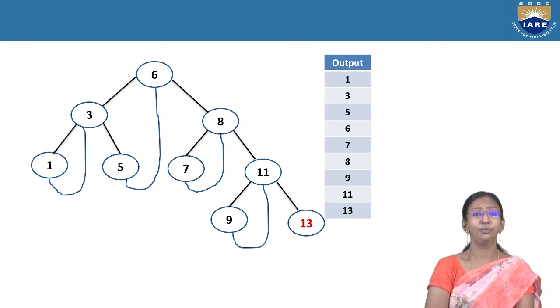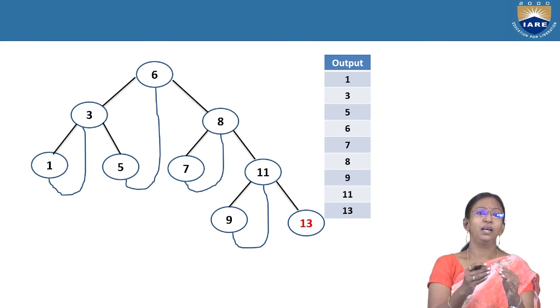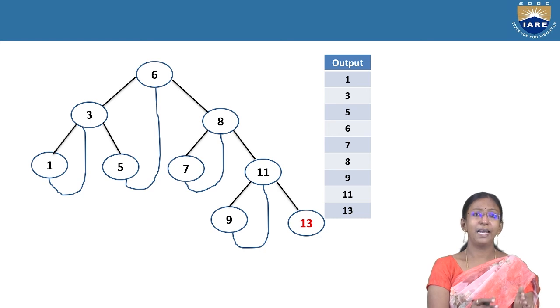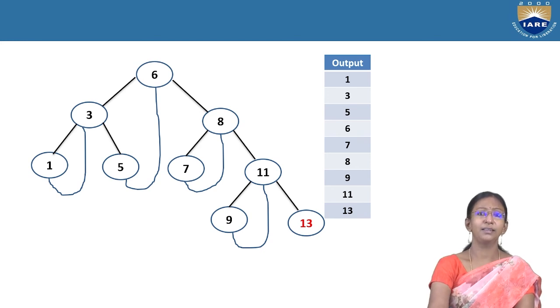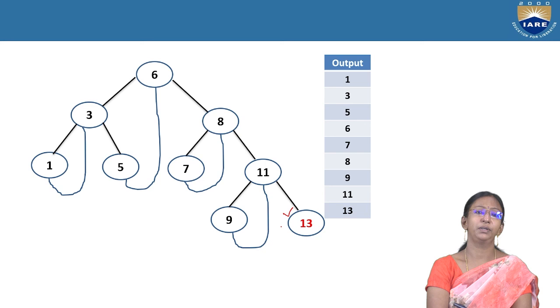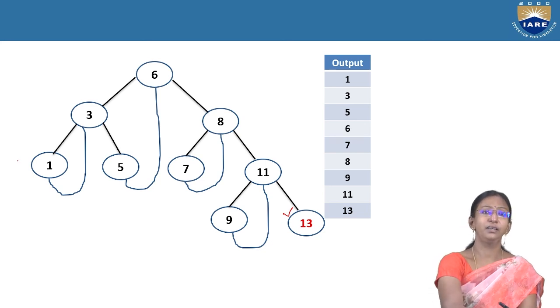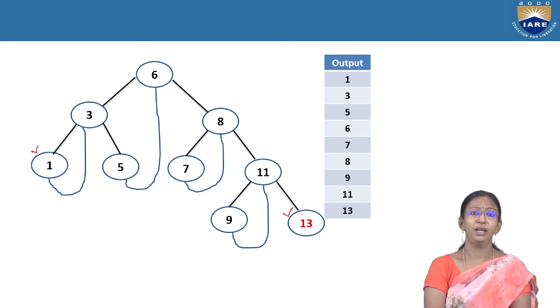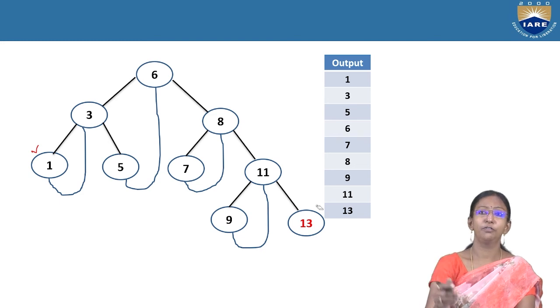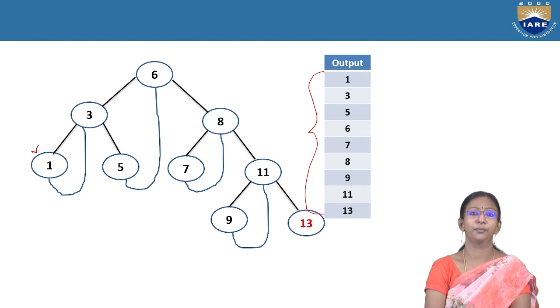Now I can say that I have finished my job of converting the expression tree into a list of in order traversal elements as I reach the rightmost element. I started with the leftmost element, which is 1, and ended at the rightmost element, which is 13. So this is the final in order traversal using threads.